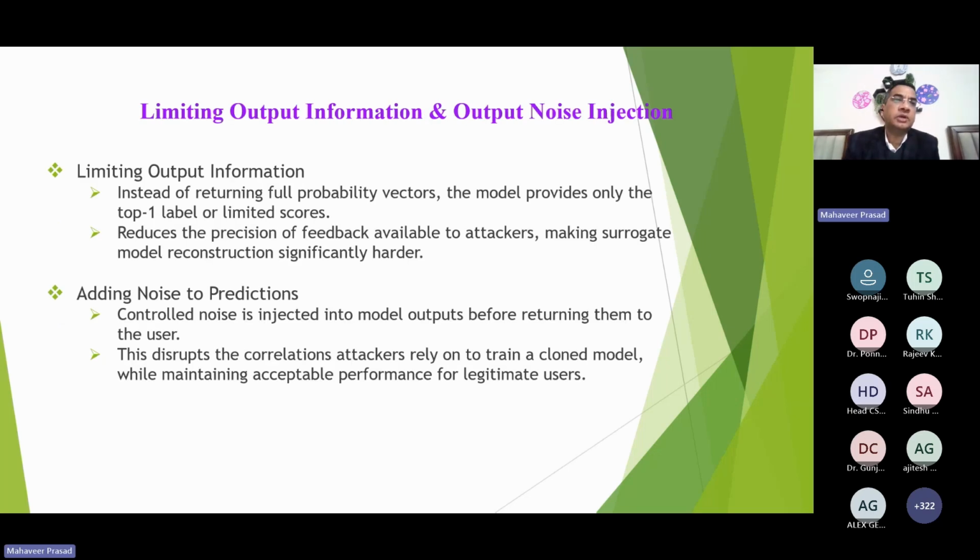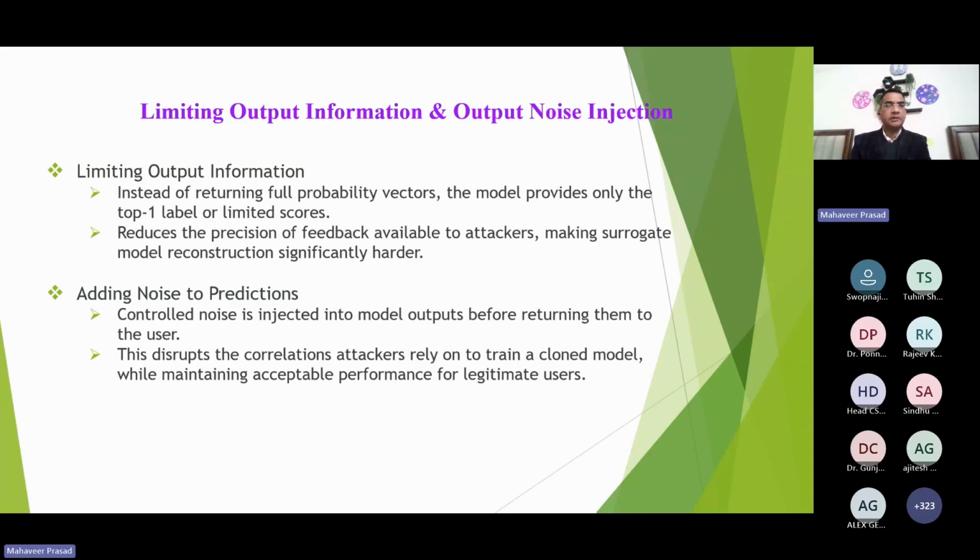Coming to limiting output information: instead of returning the full probability vector, the model provides only the top one label or a limited score. So it is not giving the entire information to the attacker. This reduces the precision of feedback available to the attacker, making surrogate model reconstruction significantly harder.